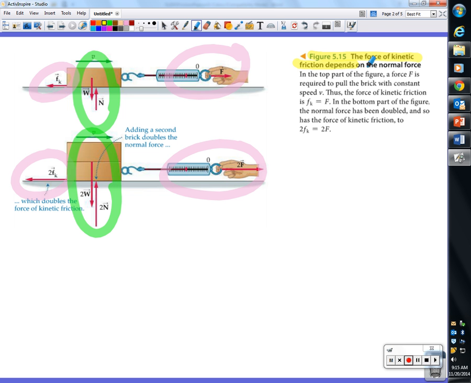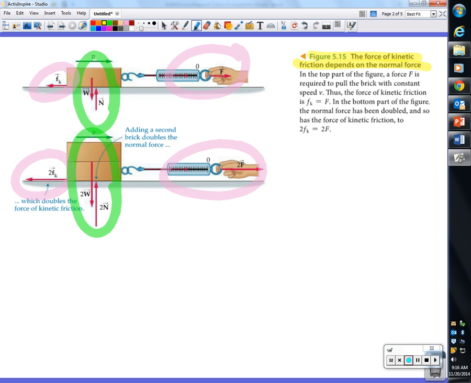So, the force of friction depends on the normal force. We think of it as, oh, well, that object is heavier, therefore it's harder to move. It's kind of a domino effect in reality, though. It's heavier, so there's more weight, but if there's more weight, there's also more normal force.